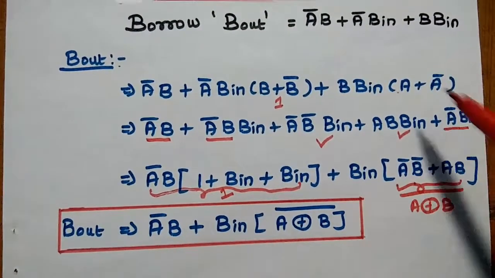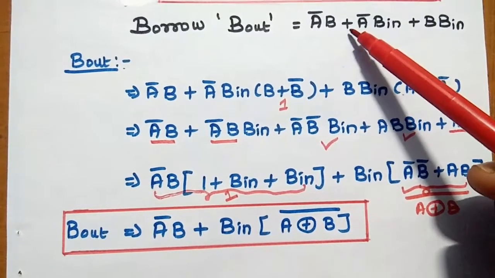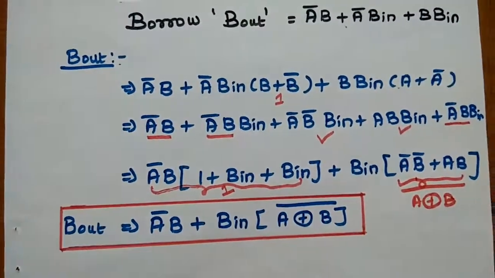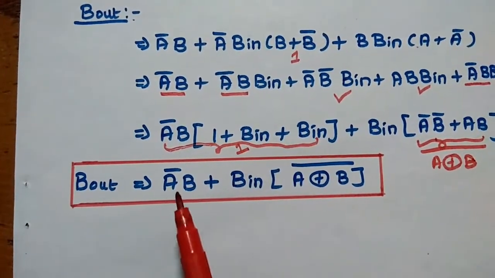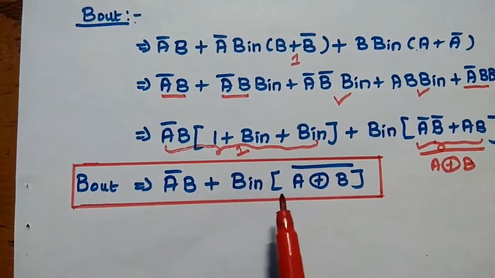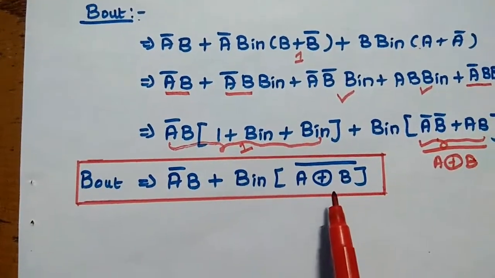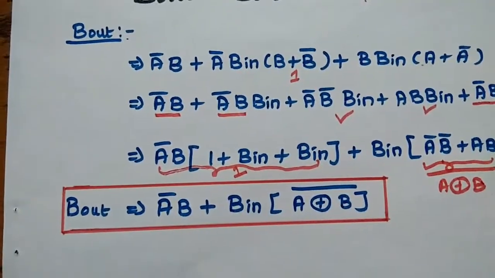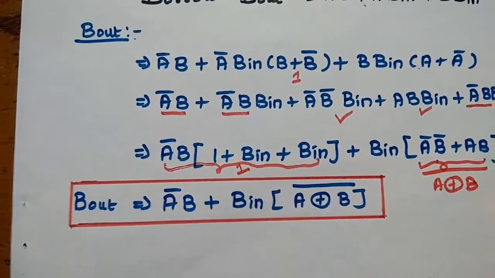So we have simplified the output borrow expression from this to this. Now we have obtained the borrow as A bar B plus B in multiplied with the complement of XOR gate. Okay, so for these two expressions we are going to draw the full subtractor.